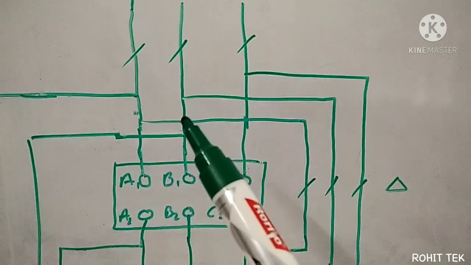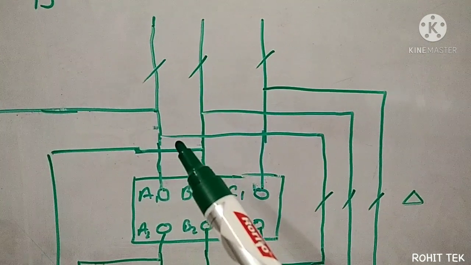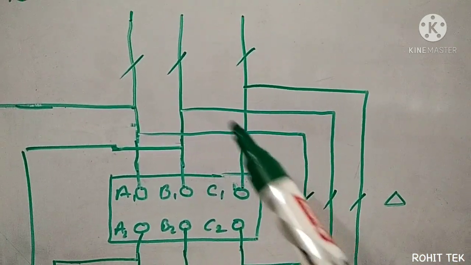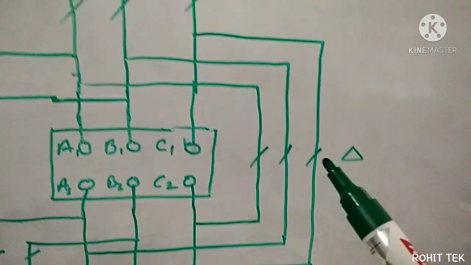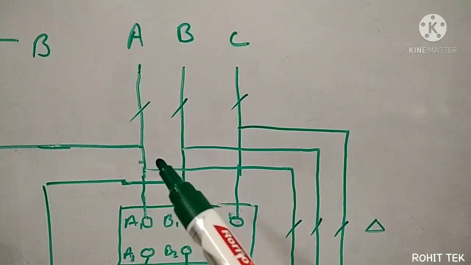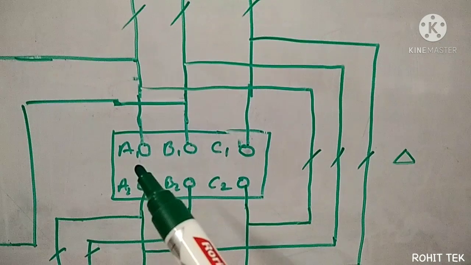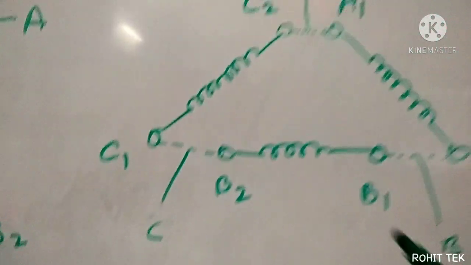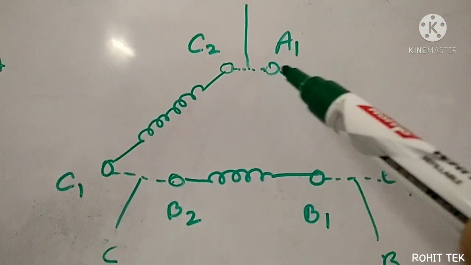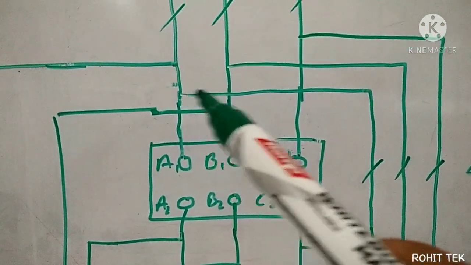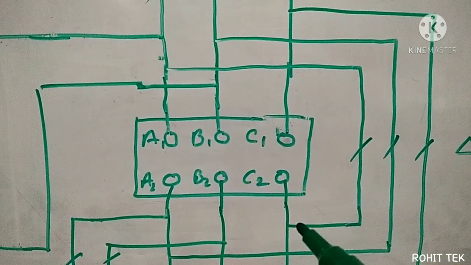So what I have done, I have taken tappings from here, A phase, B phase and C phase, and then I have connected them. A1 should get connected to C2, so A1 is connected to C2 right here.